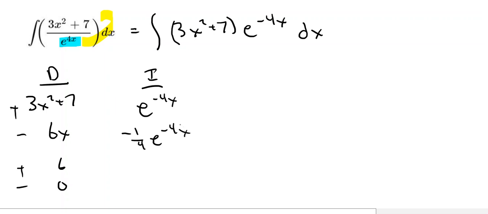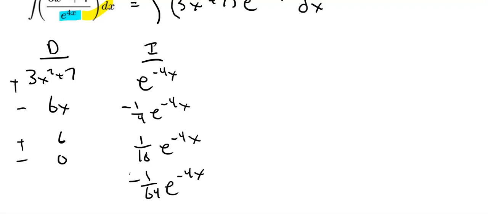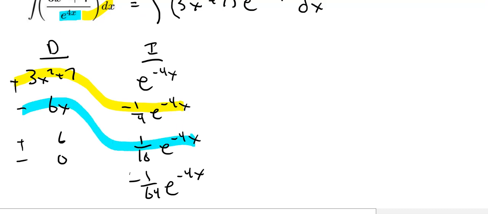And then a positive 1/16 e to the negative 4x, and then a negative 1/64 e to the negative 4x. So going diagonally, we have this, and then this, and then this.